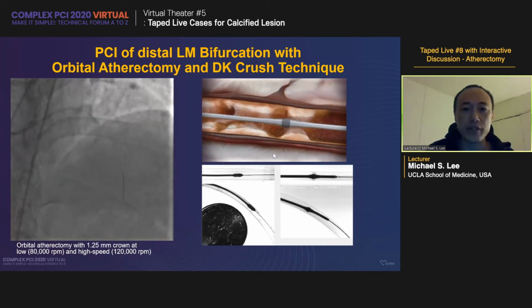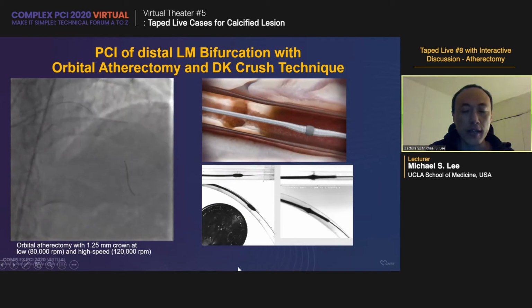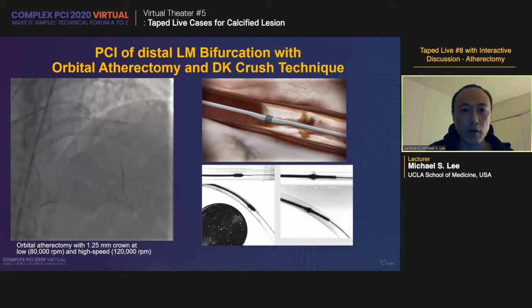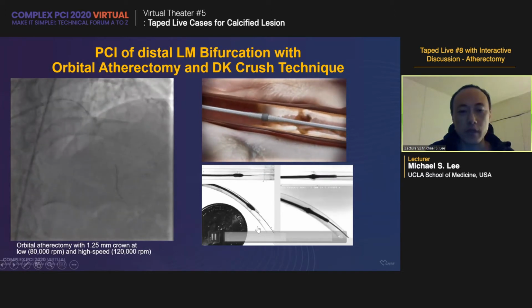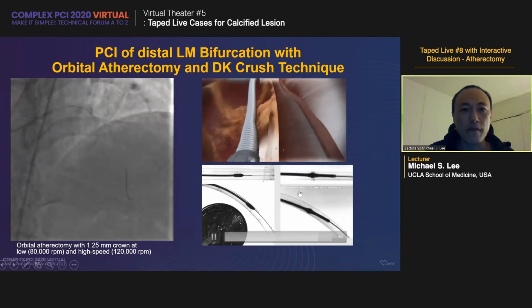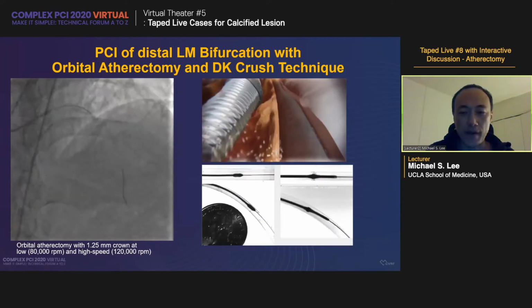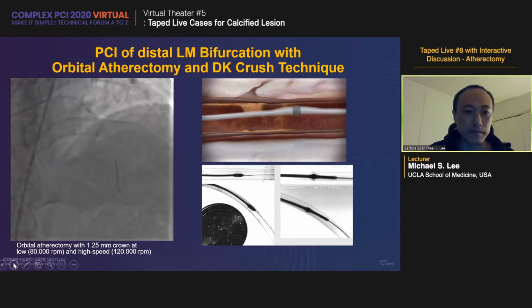But with this device, just using one button, you can go from low speed, which is a 1.25 crown, to high speed at 120,000 RPM, and you come out with what amounts to a 1.75 burr. So very versatile, low crossing profile. That's the rationale for using orbital atherectomy.